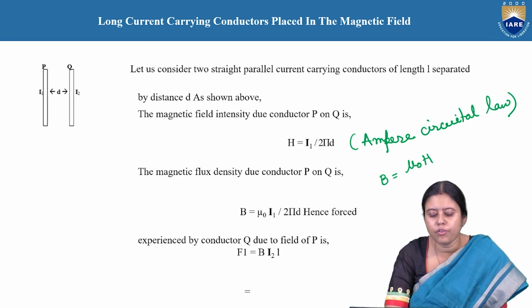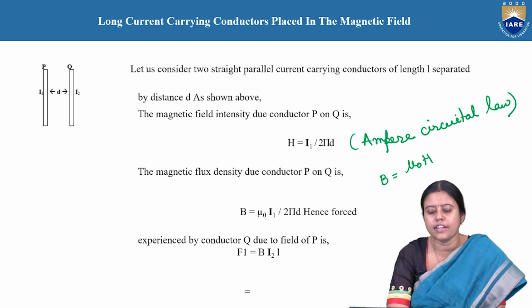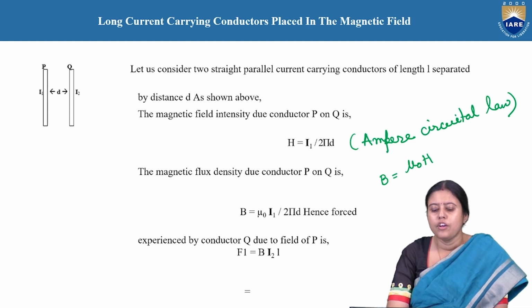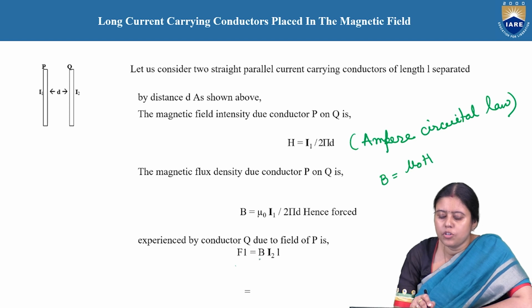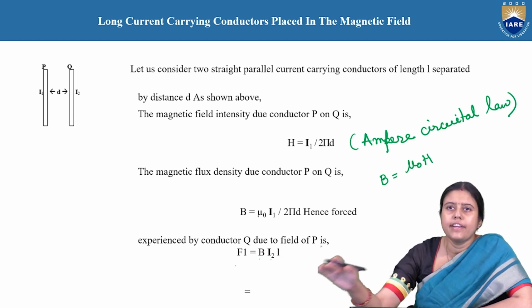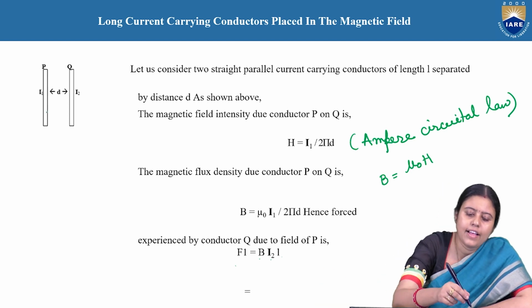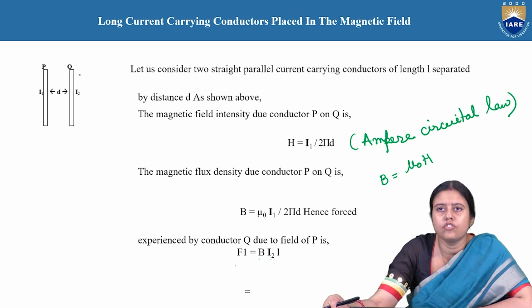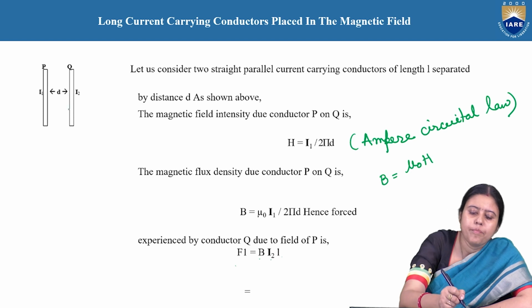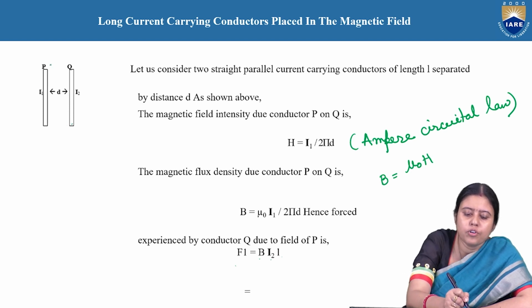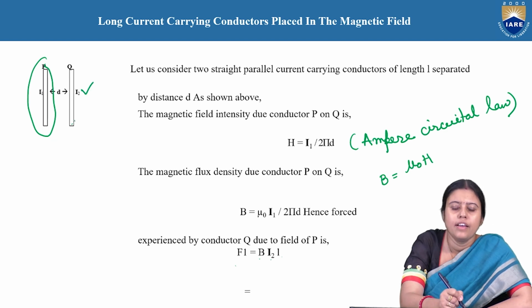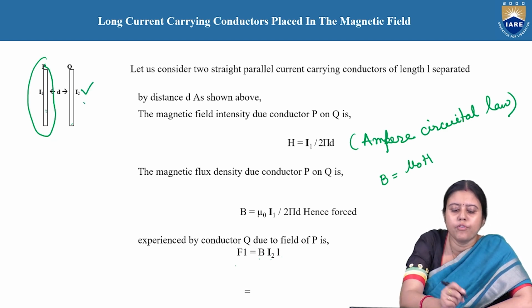What is the force experienced by the conductor Q due to P? It is F1 is equal to B I2 L. We are taking a 90 degree angle between I and L, so force is equal to B I2 L. This is the force on the first conductor due to the second one, where the current is in the second one and the force is on the first one.